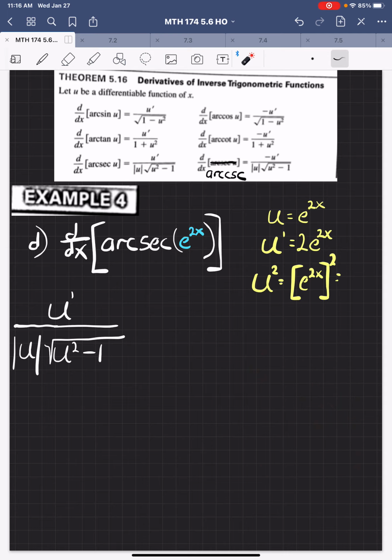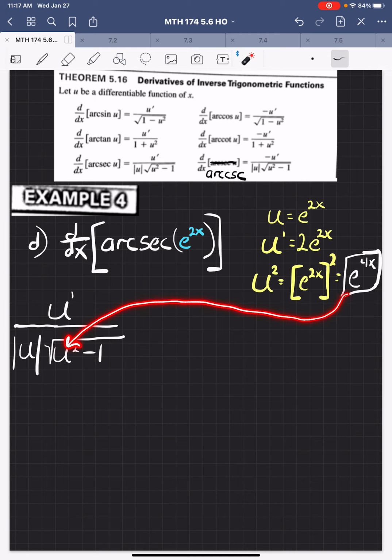So the shortcut, of course, instead of adding all that out, is to simply multiply. If you raise a power to a power, you multiply. So e to the 2x squared would just be what? It would be e to the 4x. Okay. So e to the 4x, that's u squared.